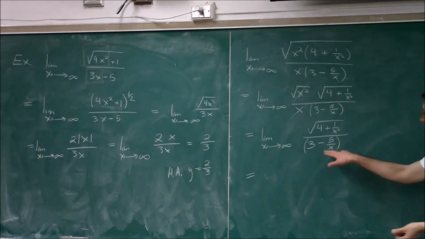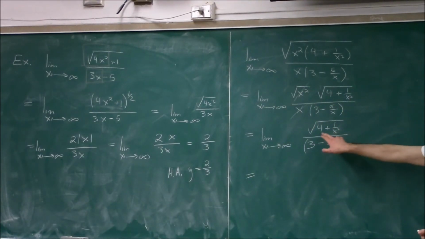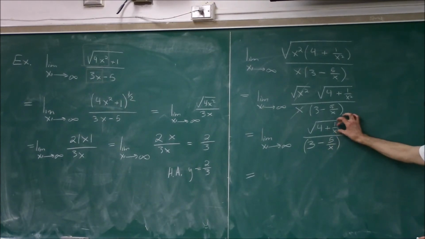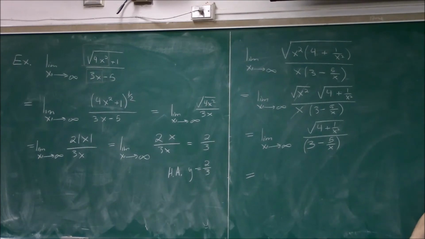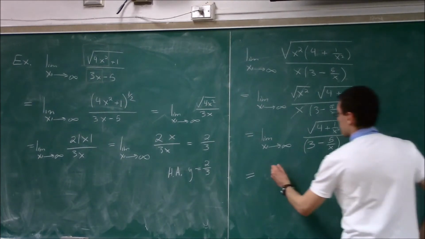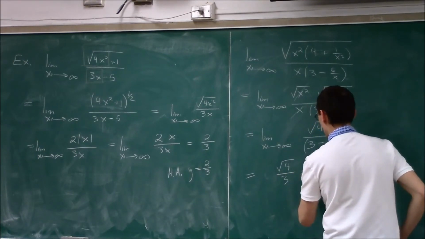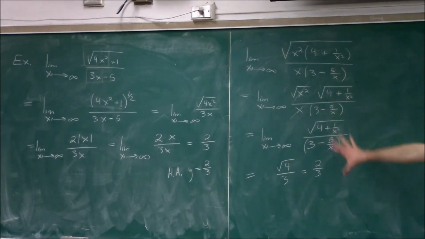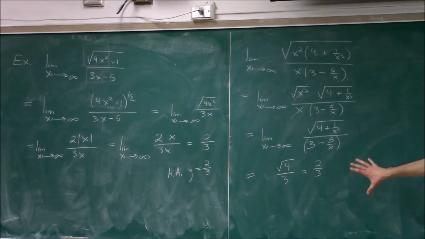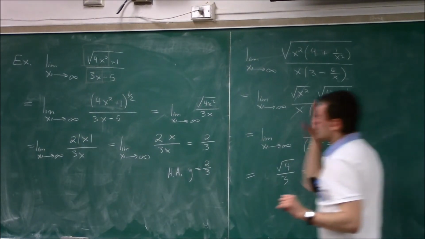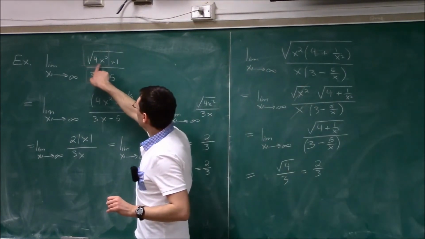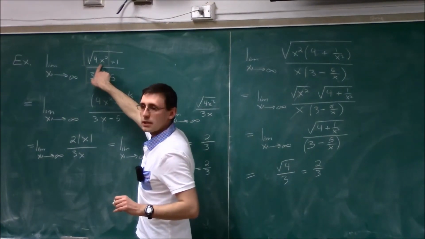And now it's pretty simple to see what's happening. You see, 1 over x squared melts to 0, so this becomes root 4, and the denominator becomes 3. So this becomes root 4 over 3, which is 2 over 3. Naturally, a very tedious procedure, but make sure that in your mind you understand why that procedure was equivalent to selecting the leading term.